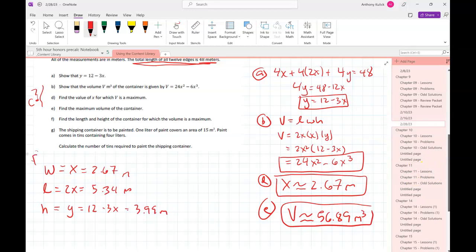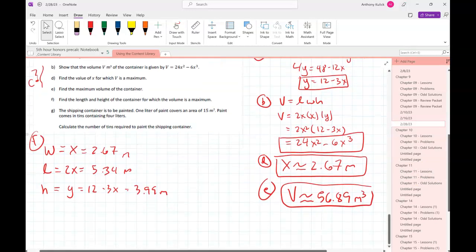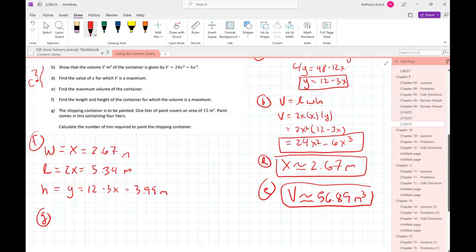And that was F. And the last one, G, says the shipping container is going to be painted. 1 liter of paint covers an area of 15 square meters. Paint tins come in 4-liter tins. Calculate the number of tins required to paint the container.